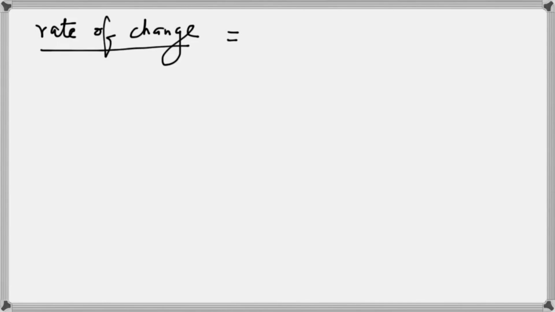Right, now that we know what change means, let's look at the meaning of rate of change, because that's what differentiation measures. Rate of change is defined as change in one quantity with respect to another quantity.